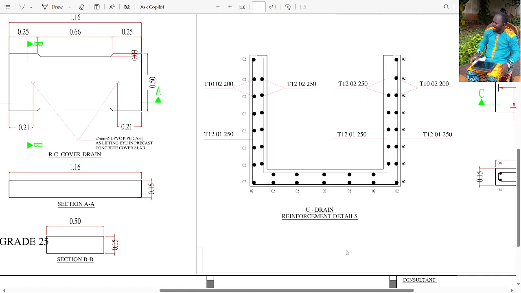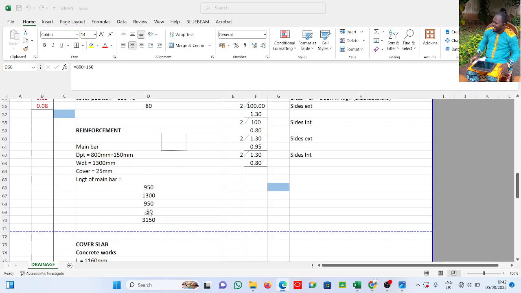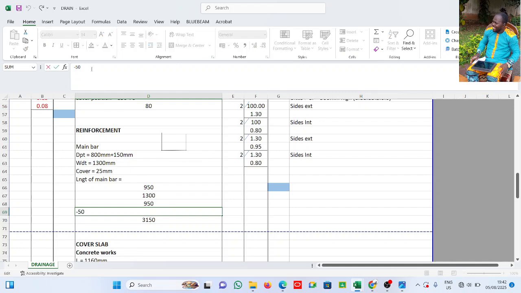Right. So, of course, I need to remove cover. I need to remove cover from here if I must see this reinforcement, cover from here if I must see this reinforcement, and if I must see the reinforcement here also, I must remove cover because they are all inside concrete. So this will be 75, let me write it 75 because I already put minus.